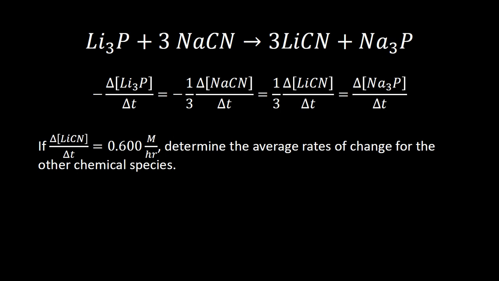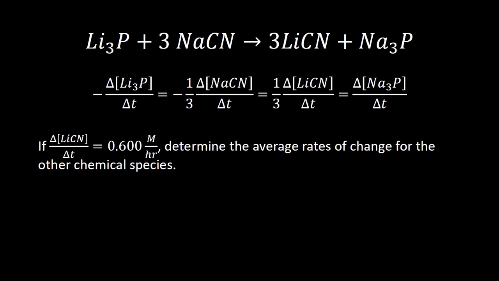One other equation, one other scenario, let's say we're given the balanced chemical equation. Lithium phosphide reacts with 3 molecules of sodium cyanide to produce 3 lithium cyanides and 1 sodium phosphide. If you're asked to write the relative rate expression, that would just be the second line.